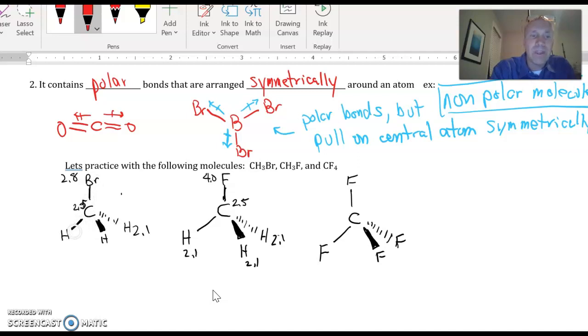Well, these bonds, if you look at the carbon-hydrogen bond, 2.5, 2.1, all these bonds down here are considered nonpolar. But this bond right here, if you look at the difference between 2.8 and 2.5, that's also nonpolar.